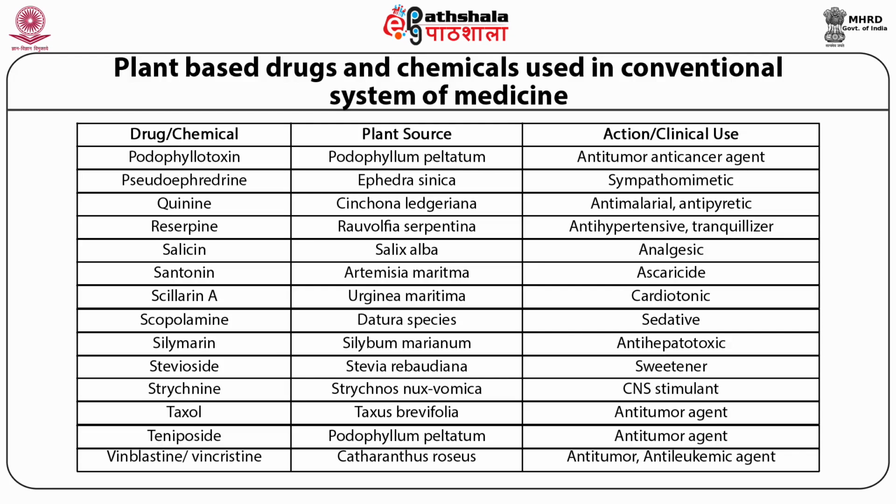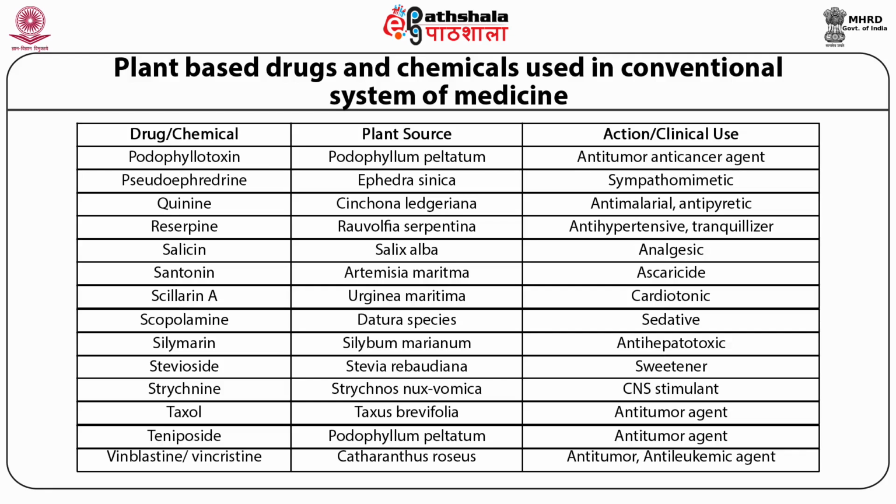We also have a very important anti-malarial drug, quinine, obtained from species of Cinchona, which is used as anti-malarial as well as antipyretic. We have salicin, obtained from Salix alba, which is an analgesic.